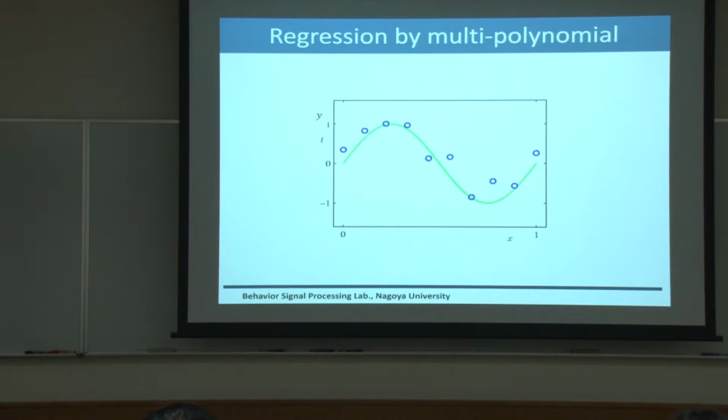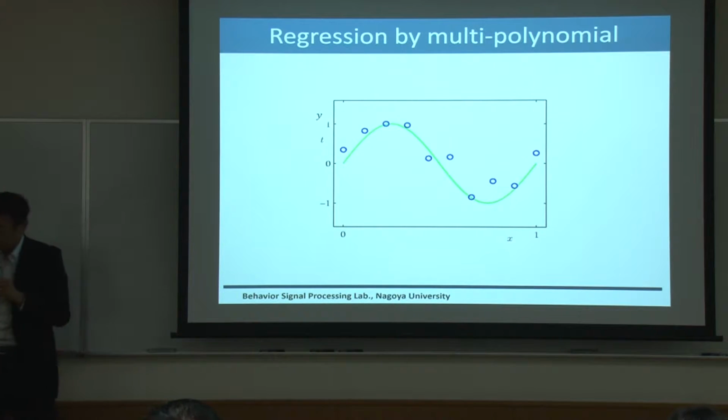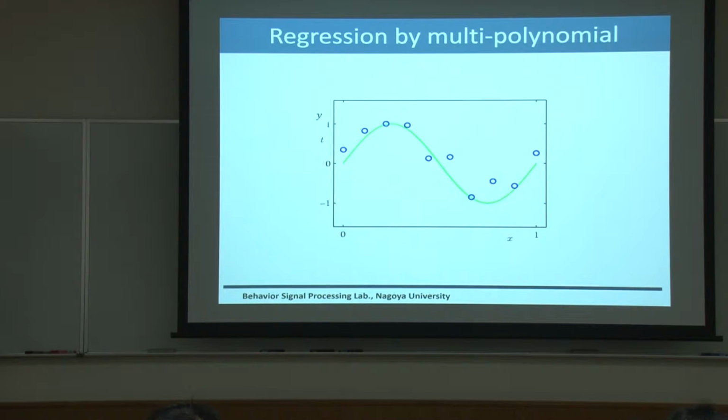And I'm sorry I skipped this, but again, we need to discuss the complexity of the model and how we can find the optimal order of the regression equations, or in other words, the freedom of the model, or maybe degree of freedom.